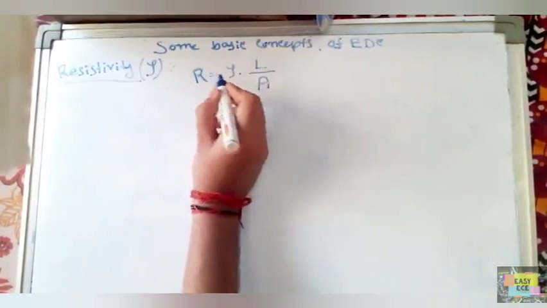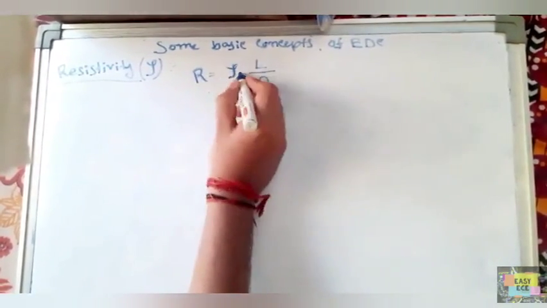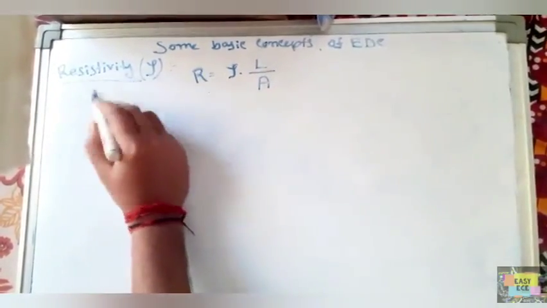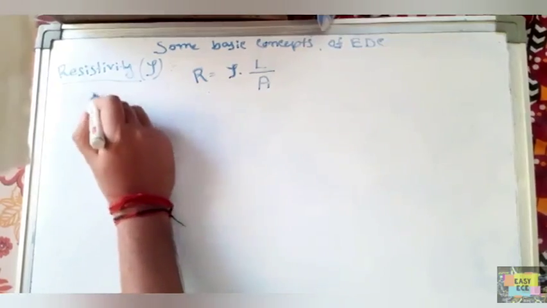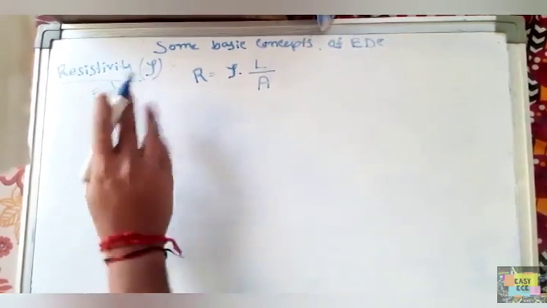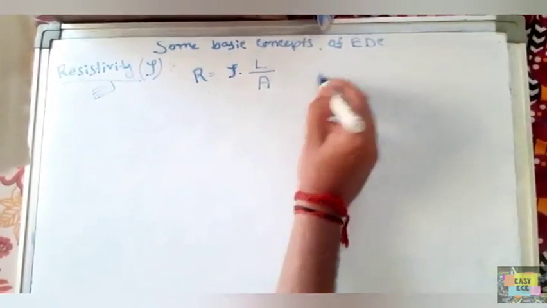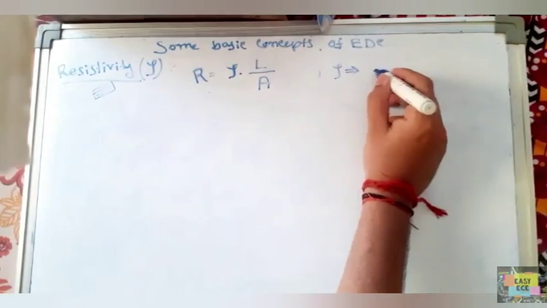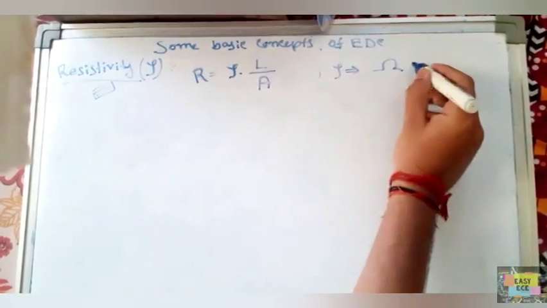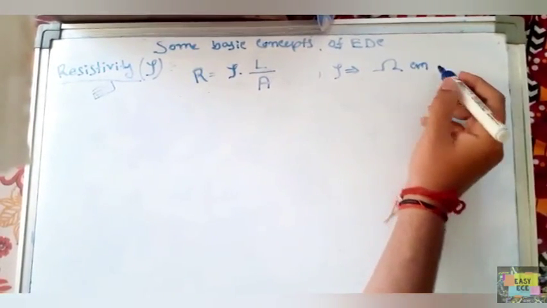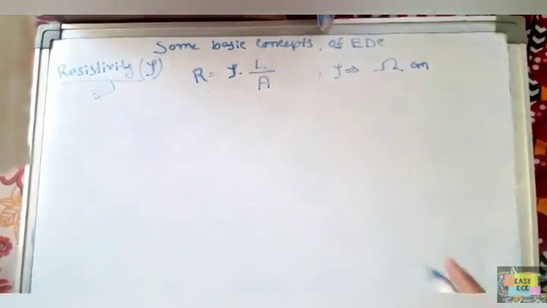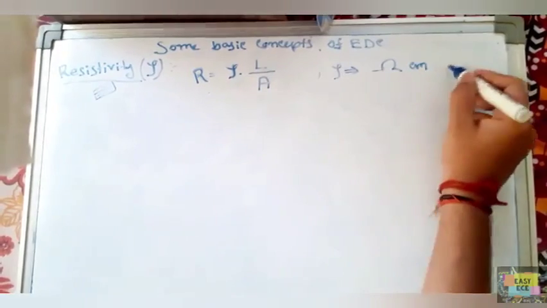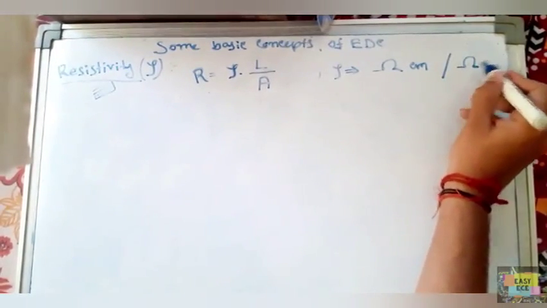So R is the resistance, rho is the resistivity. So this is the formula. And what is resistivity? The specific resistance of the material. The unit of rho is ohm centimeter, or ohm meter.